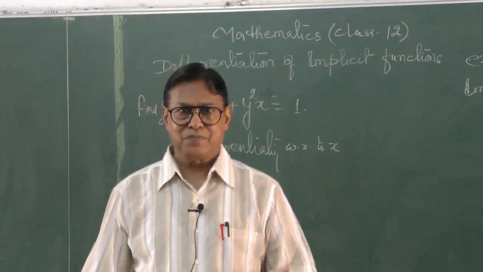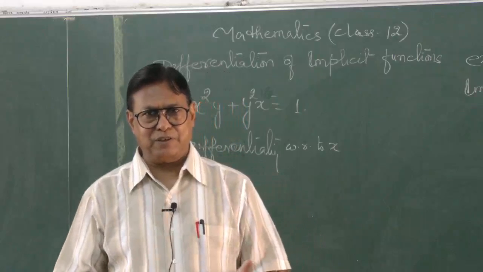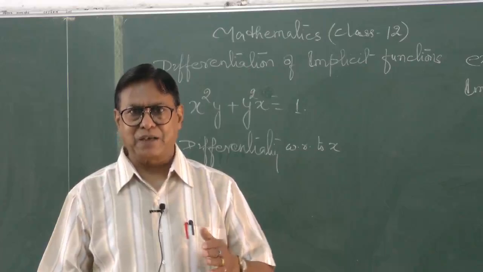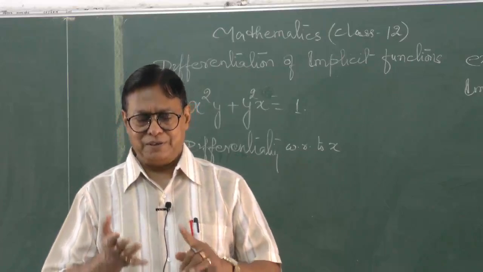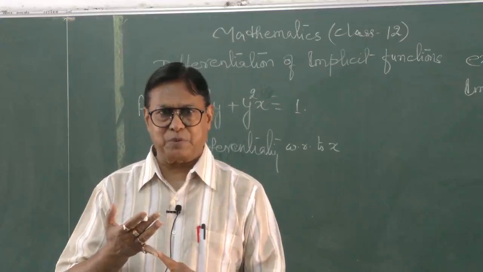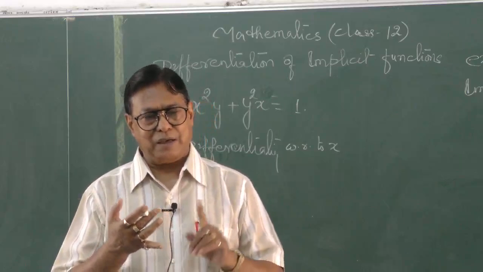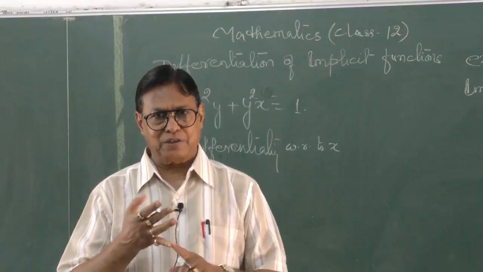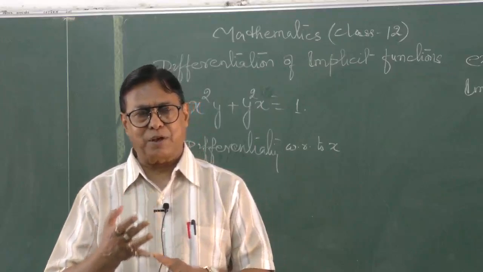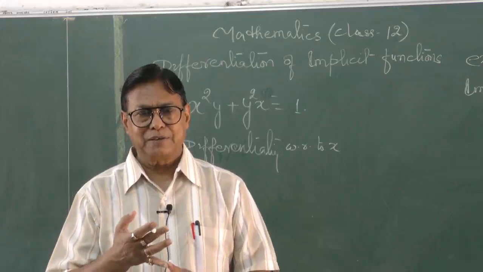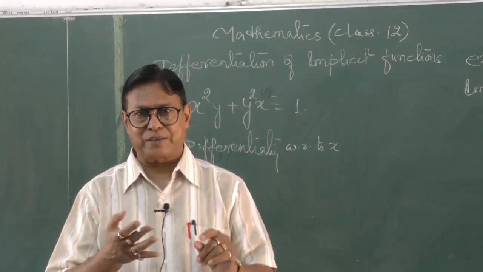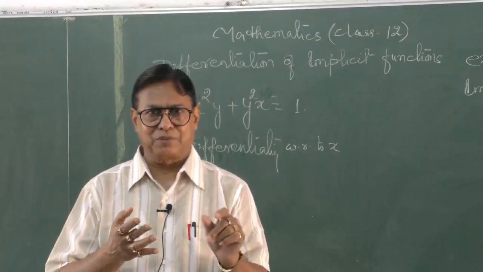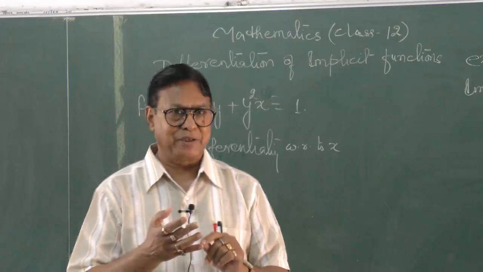In addition, since we are differentiating y with respect to x, we multiply it with dy by dx. I will come to the sum. So, I repeat, differentiation of x square with respect to x is 2x, and we write 2x and nothing else. But differentiation of y square with respect to x will be 2y into dy by dx. That factor has to be added to it. Added means not summation, we multiply it with dy by dx.